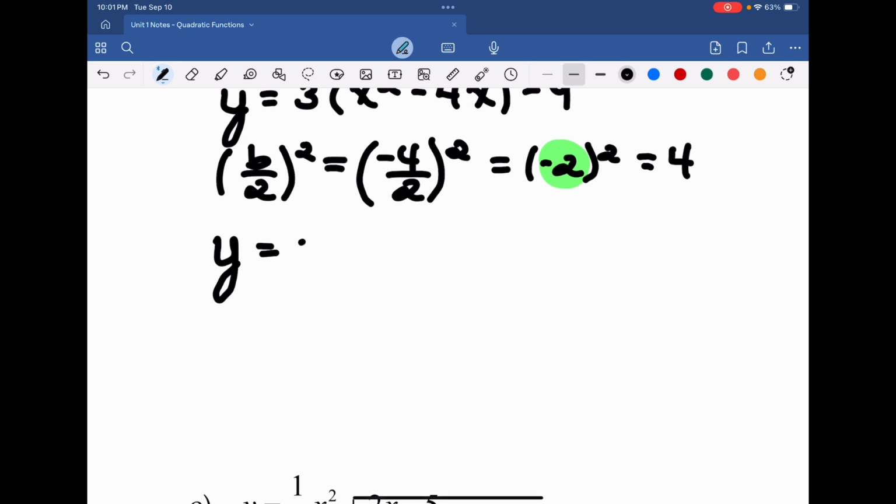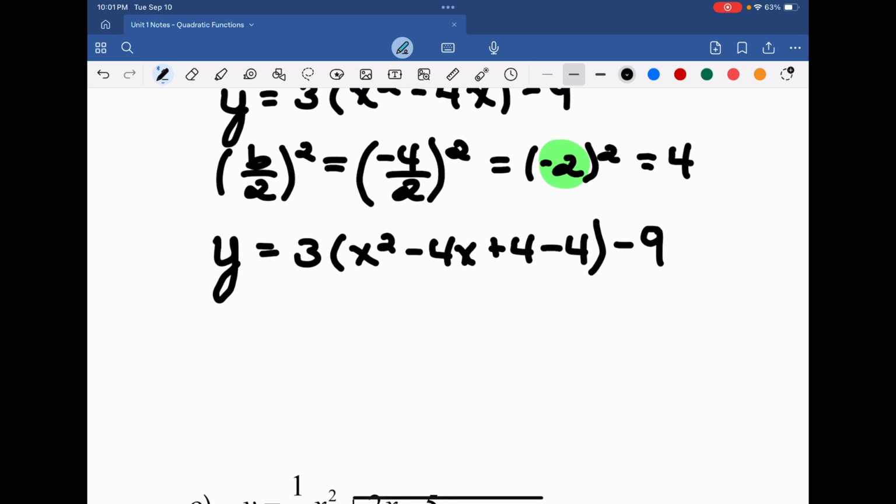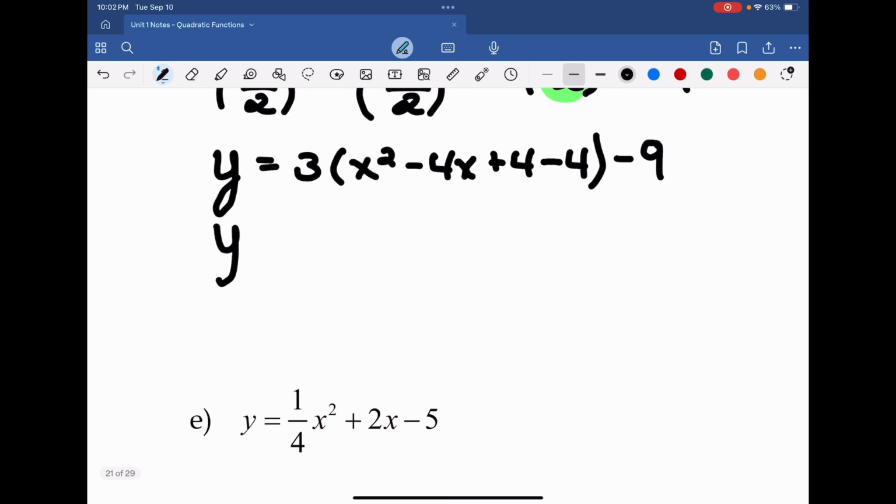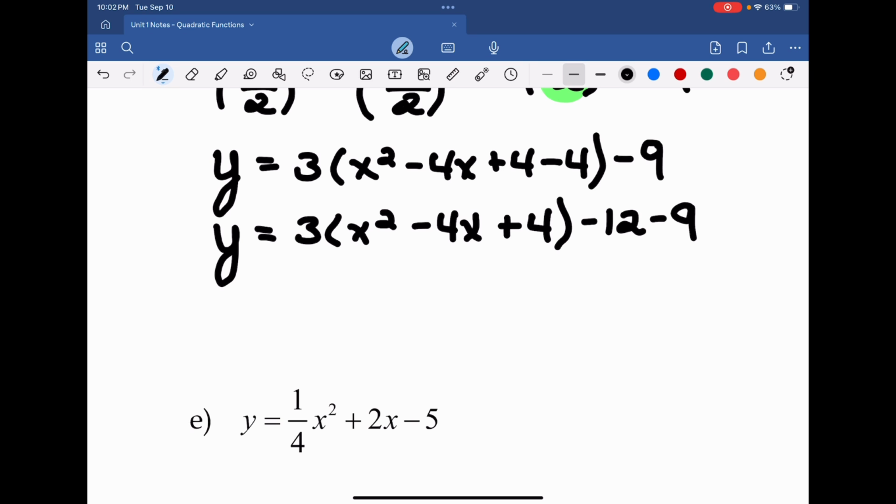It's going to be y is equal to 3 times the bracket x squared minus 4x plus 4 minus 4, close the bracket, minus 9, which was the constant. I now want to take this negative 4 and bring it outside, but before I do that, I must combine it with the 3. 3 times negative 4 is negative 12, so this becomes y is equal to 3 times x squared minus 4x plus 4, close the bracket, 3 times negative 4 was negative 12 as mentioned.